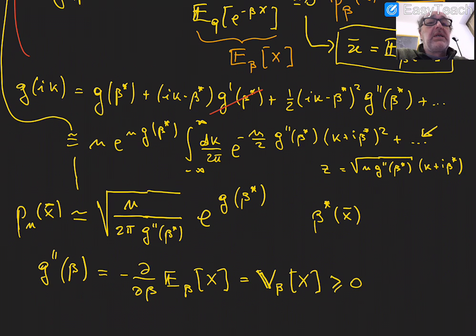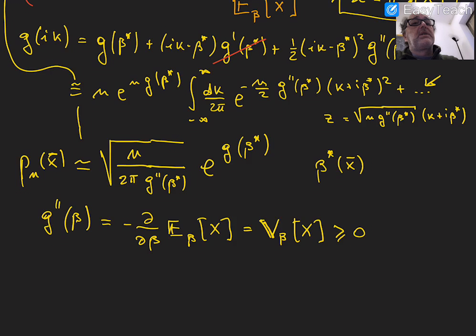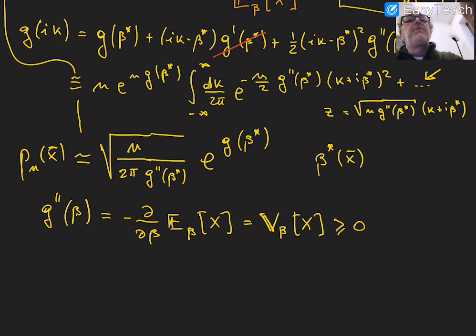So this tells you that this is positive, because variance is strictly positive, so that this calculation makes sense. Then the next thing that you can check is the form of this g of beta star.